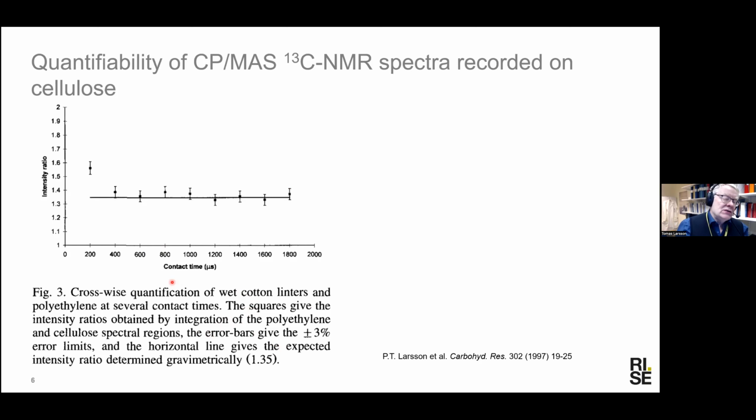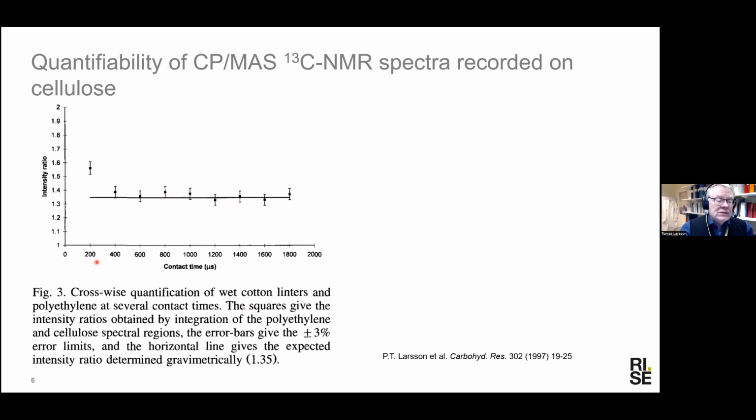With an internal standard, we could determine gravimetrically how much polyethylene and cellulose we had in a sample. And then we determined that the gravimetric determination is the horizontal line. And the markers here are the experimental measurements that we obtained by spectral integration.